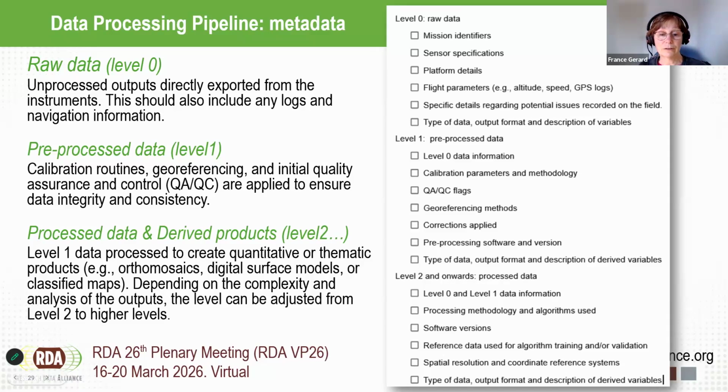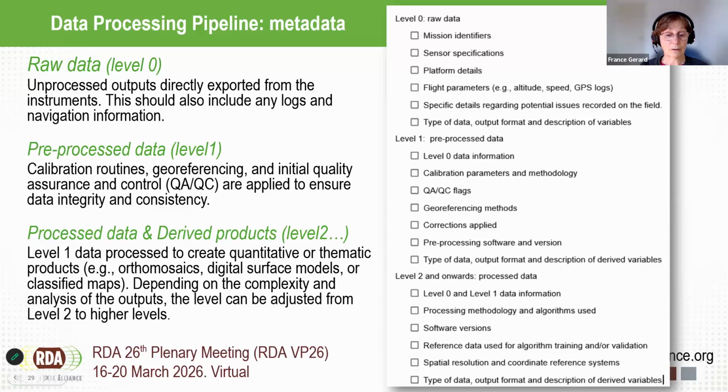You identify the parameters related to the calibration that you carried out, the methodology that you applied for the pre-processing, for prepping your data, the quality assurance, quality control flags or methodology, your georeferencing methods, corrections applied, and the software that you use and version, also the type of data, output format, and description of your variables.